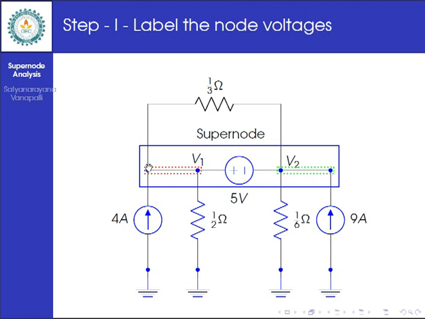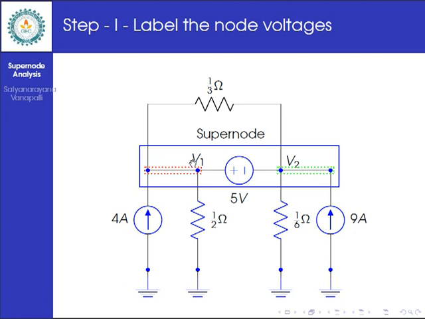Node 1 is designated with a red dotted rectangular box, and its voltage is V1, and node 2 is encircled by a green rectangular box, and its voltage is V2.